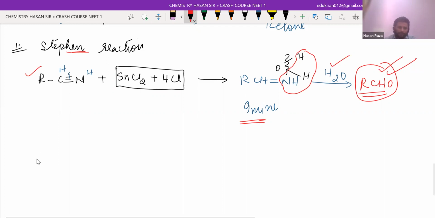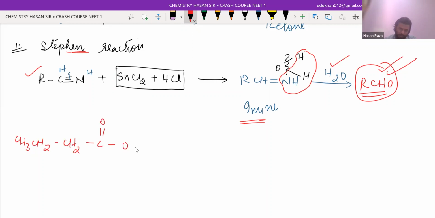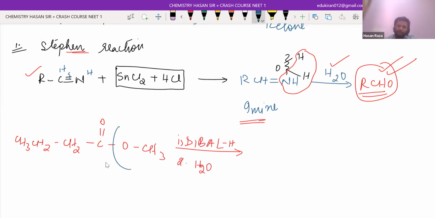Now from ester, you can see this is your ester, CH3CH2C double bond O OCH3. You are going to treat this with DIBAL-H, diisobutylaluminium hydride, its name. And in the second step, you are going to react it with water. What will happen? It will be reduced.